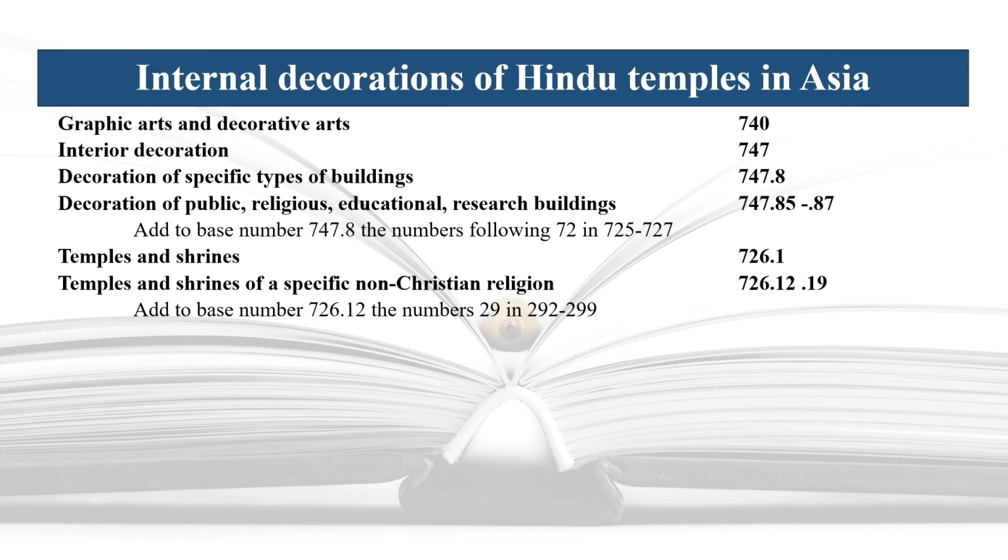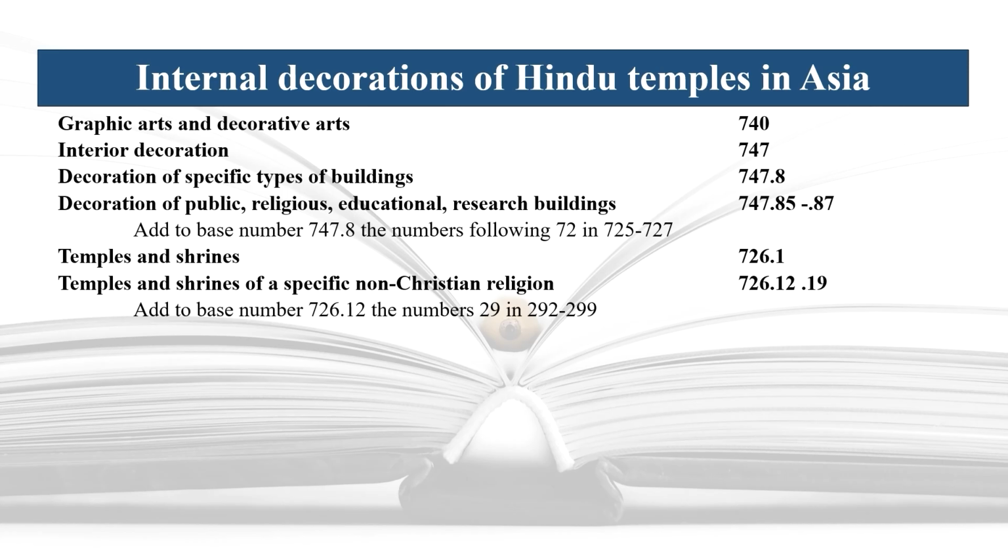Under that particular range, 726.12 to .19, there is an add instruction: add to the base number 726.12 the number following 29 in 292 to 299. We will get the number for Hinduism, which is 294.5. So you can find that there are two add instructions.